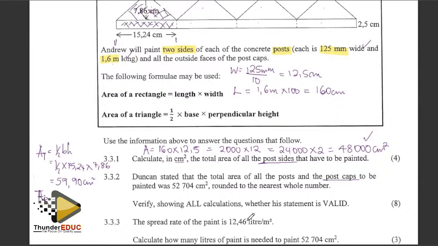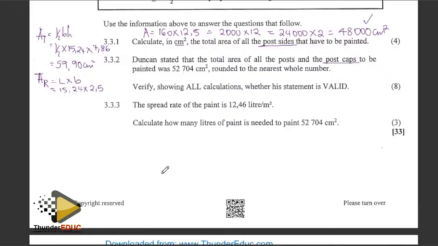Also we have this, the rectangular. So we shall say L times B, which is 15,24 times 2,5. Right.